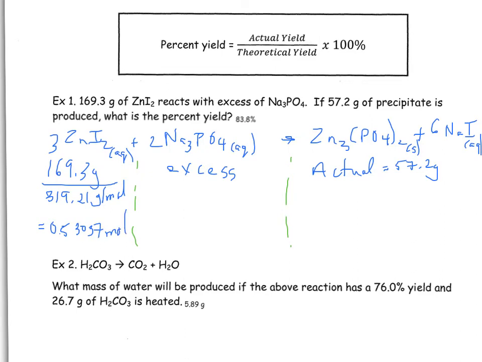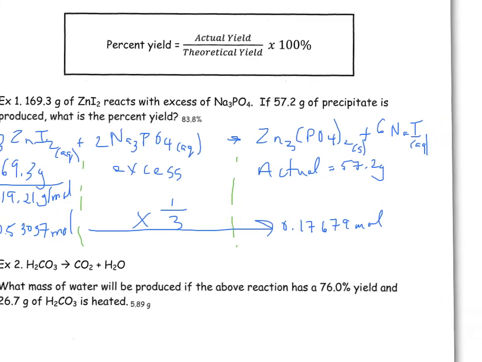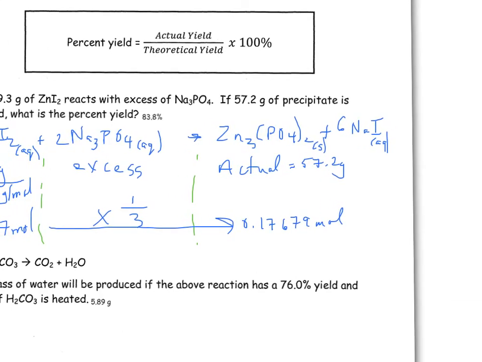Now that I'm in moles, I can convert that using a mole ratio into my zinc phosphate. I'm going to have a 1/3 mole ratio. In order to change this into grams, I'm going to times this by the molar mass of zinc phosphate.